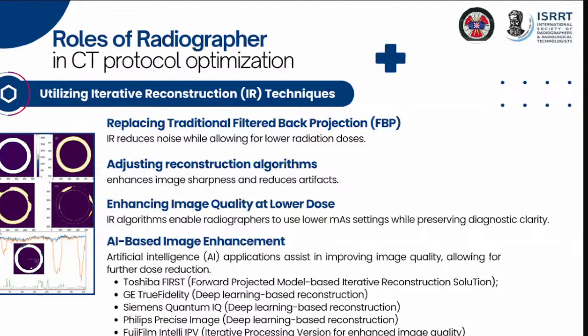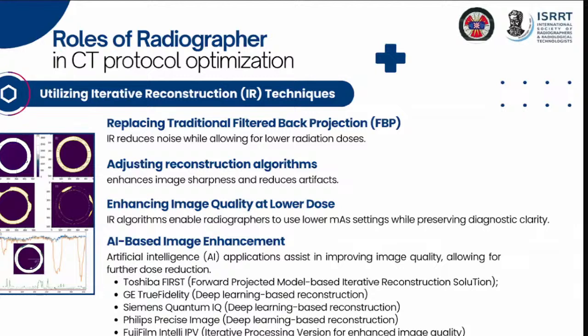And then now, after you listen to Mr. Esno Halim talk about AI integration in helping this iterative reconstruction, making it easier and providing better image quality, whereby artificial intelligence application assists in improving image quality, allowing for further dose reduction. So all different companies, different manufacturers have their own artificial intelligence applied to this iterative reconstruction.